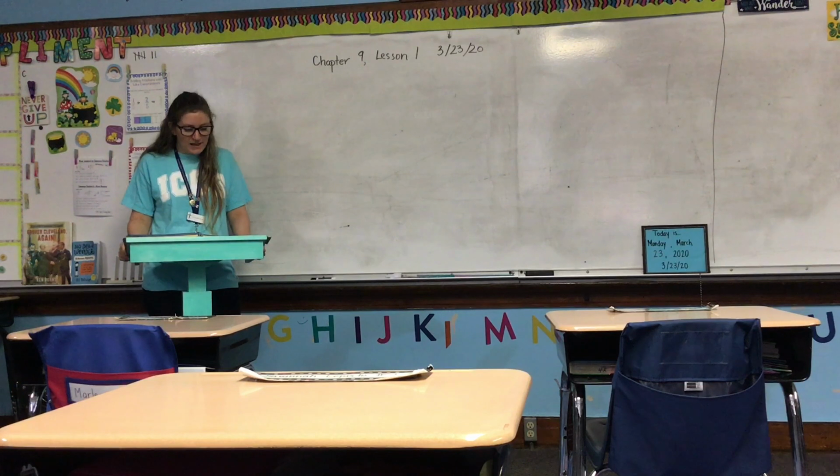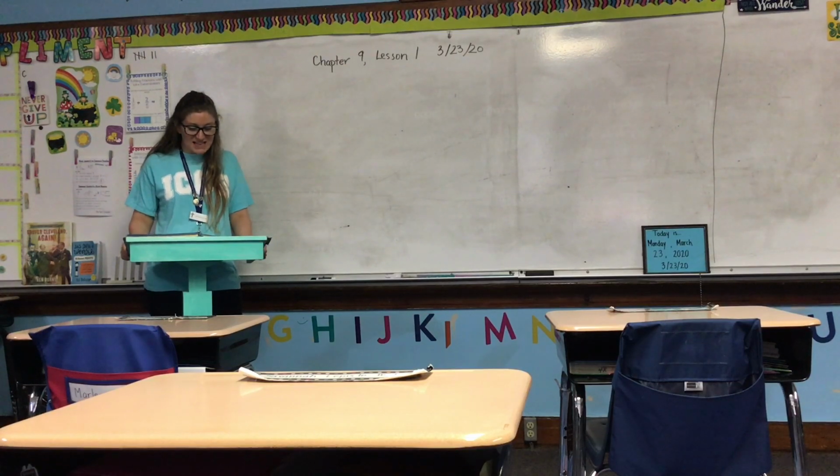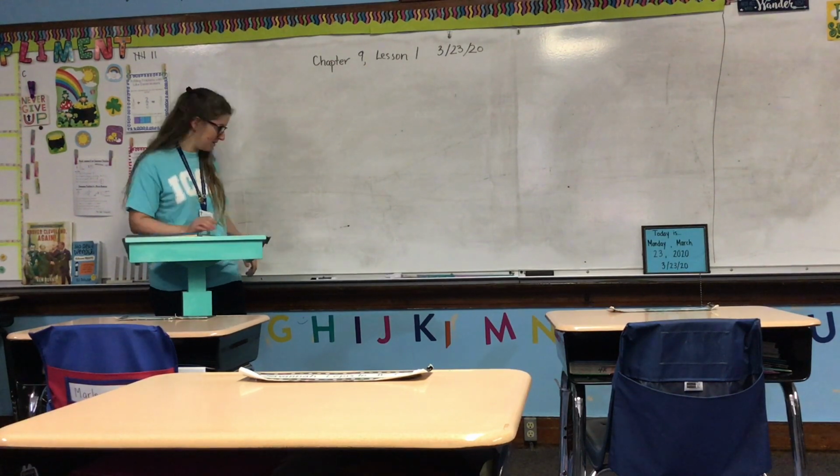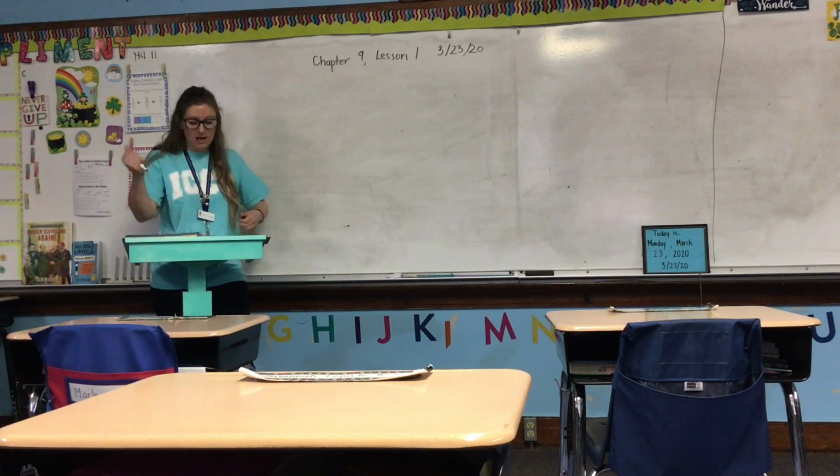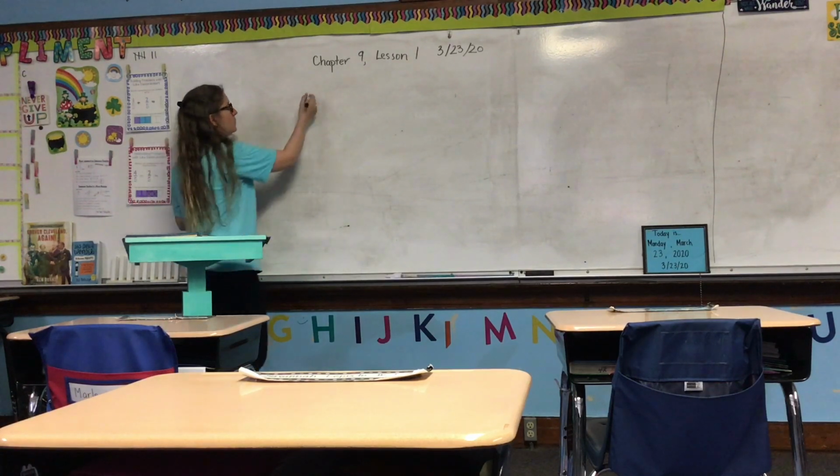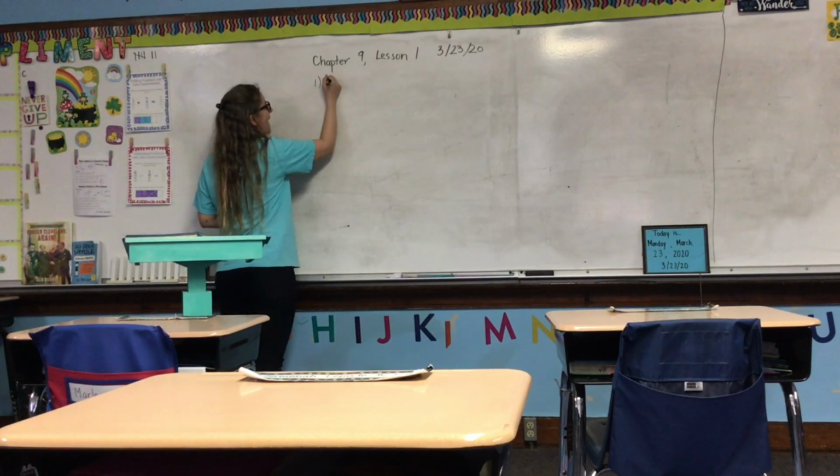Okay. What is matter? When you mix cornstarch and water, you get a thick, gooey substance. You can see and touch it. It takes up space in the container. Like many things, this substance is matter. Matter is anything that has mass and takes up space. So our first vocabulary word for chapter 9, lesson 1 is matter.